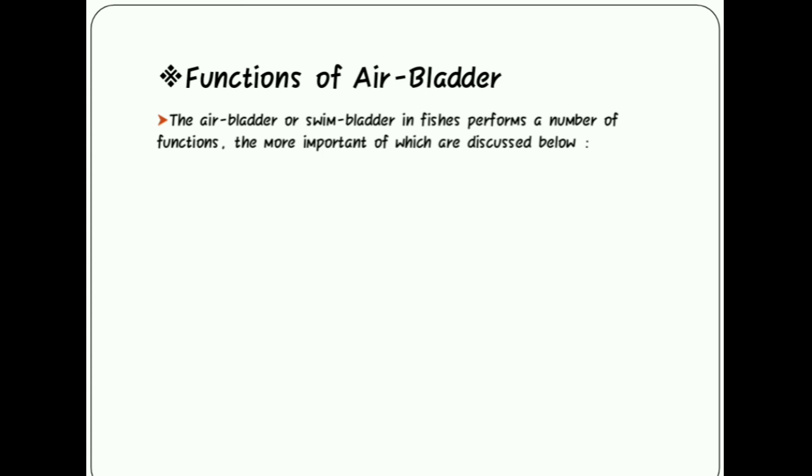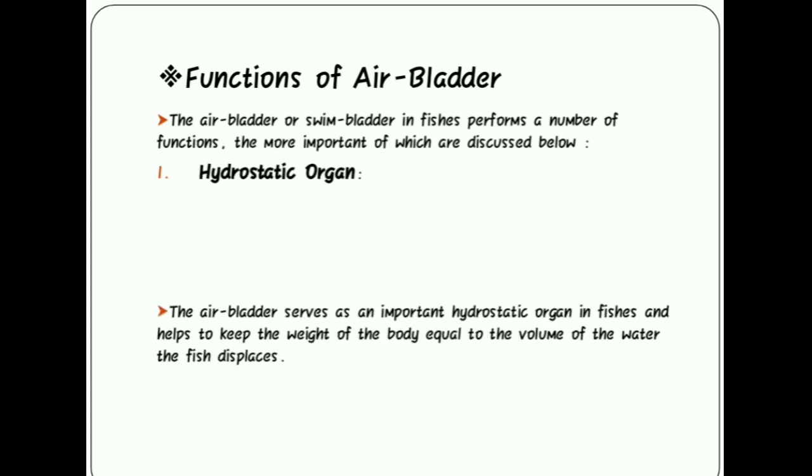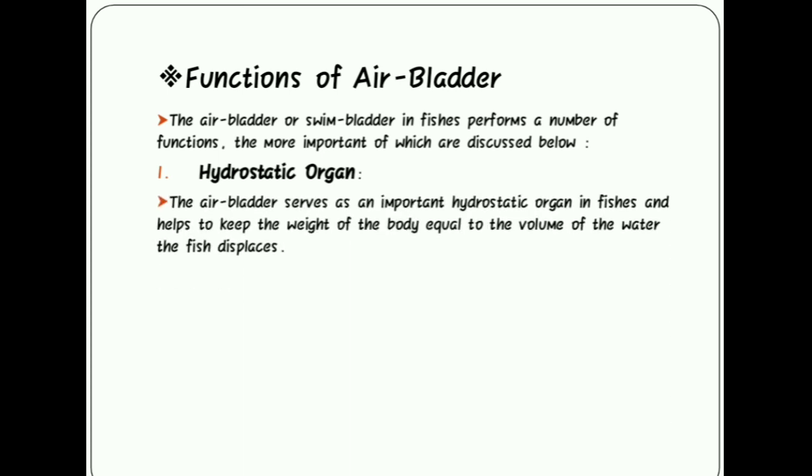The air bladder or swim bladder in fishes performs a number of functions, the more important of which are discussed below. The first function is as a hydrostatic organ. The air bladder serves as an important hydrostatic organ in fishes and helps to keep the weight of the body equal to the volume of the water the fish displaces. Fish migrate from one place to another.